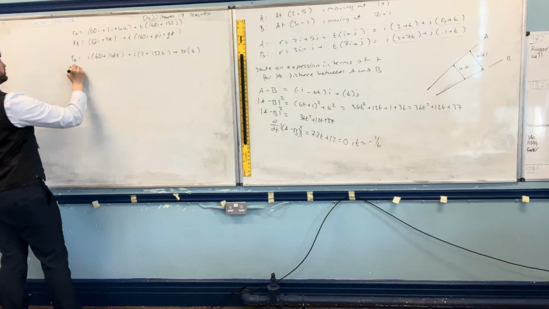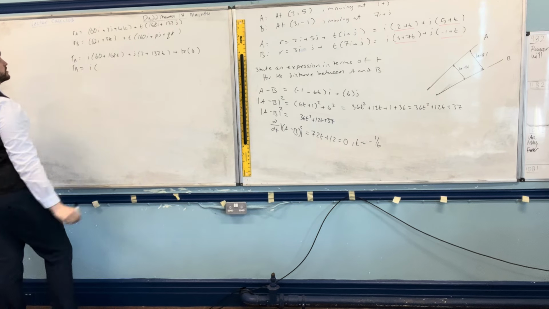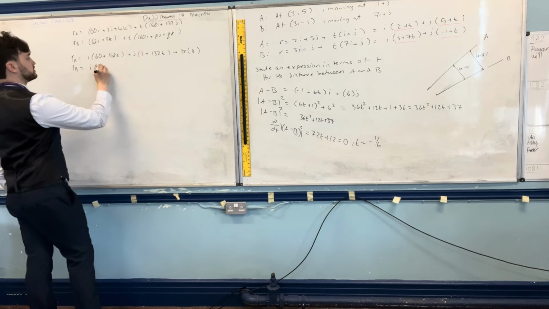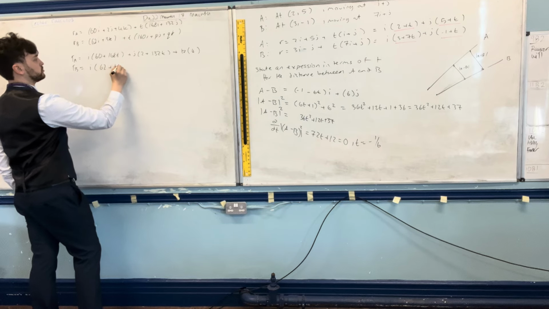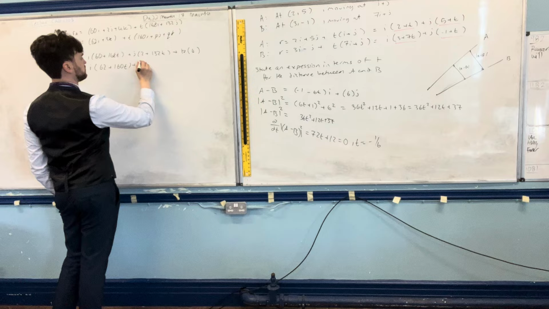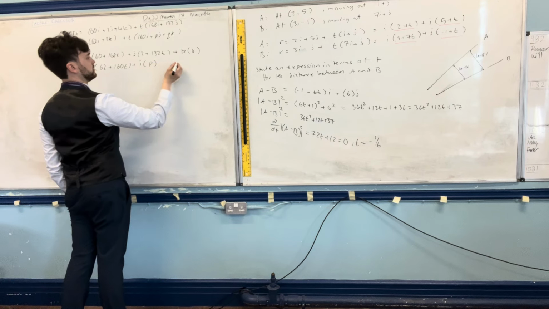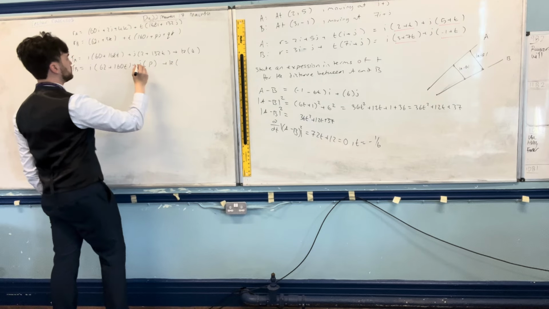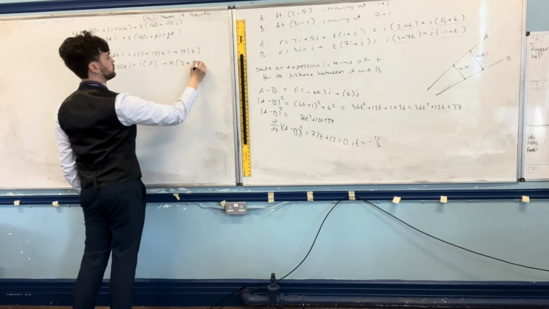And then r B, putting this in component form, 62 plus 160t, plus 0j, and just P, and then k would be 3 plus Q times t.